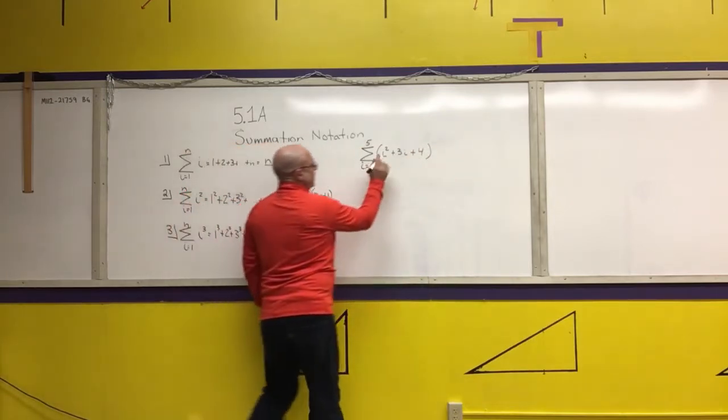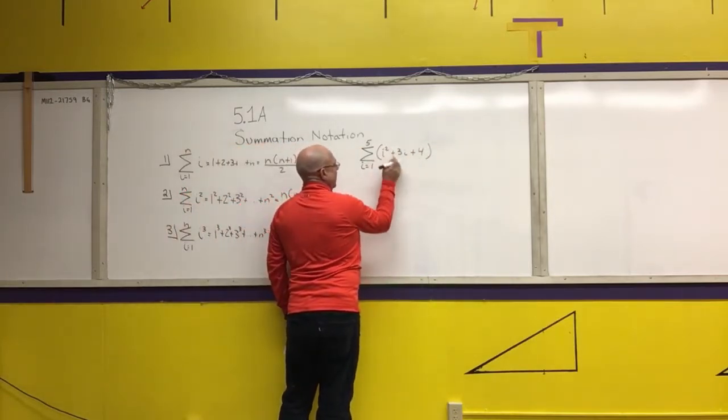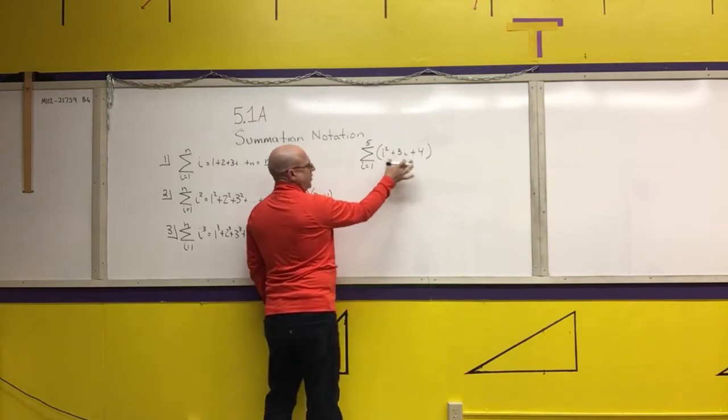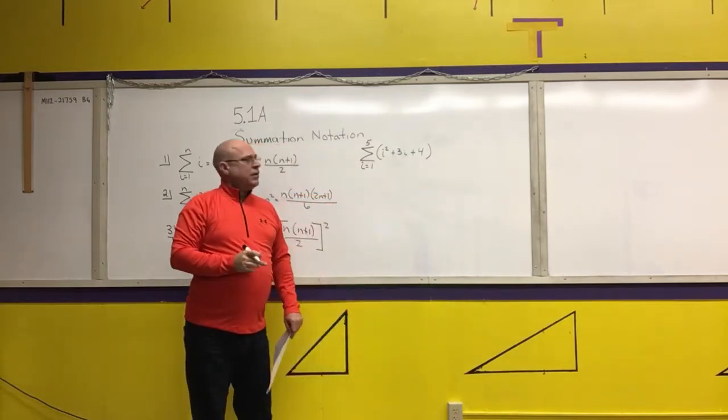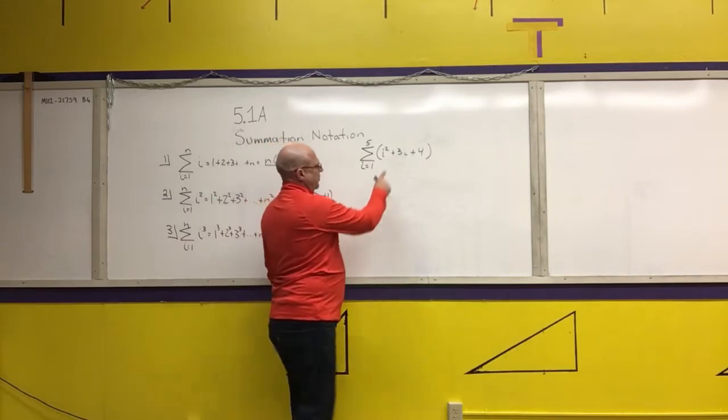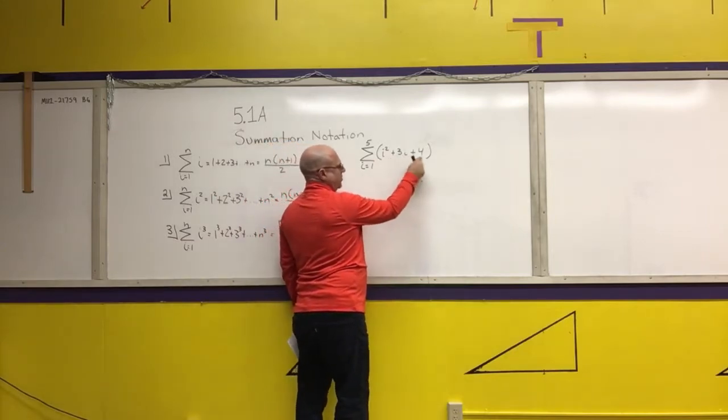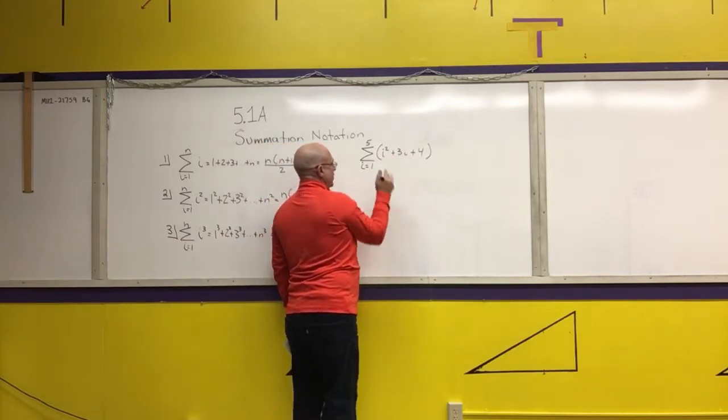So if I wanted to know what the sum of putting a 1 in here, a 2, and a 3, and a 4, and a 5, what I can do is I'm going to use my properties. First thing I'm going to do is I'm going to break it up into 3 separate summations.